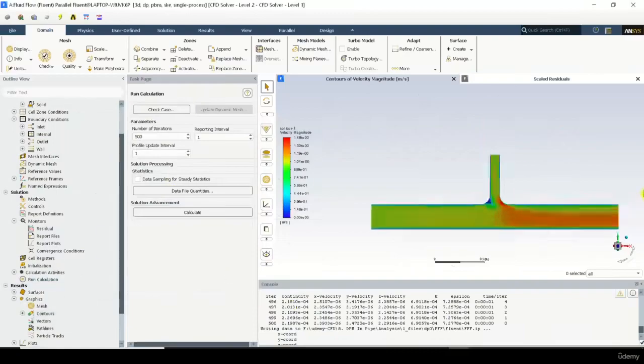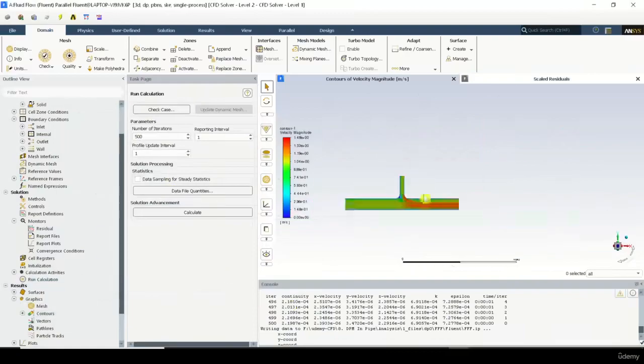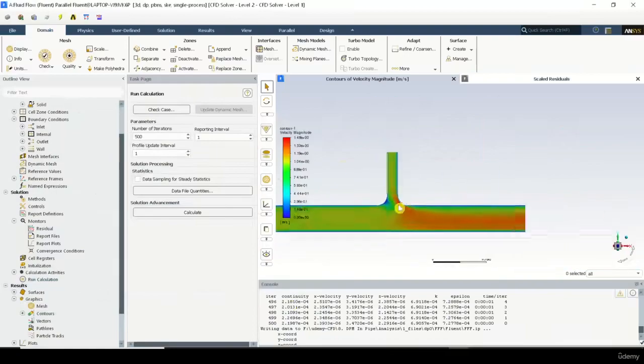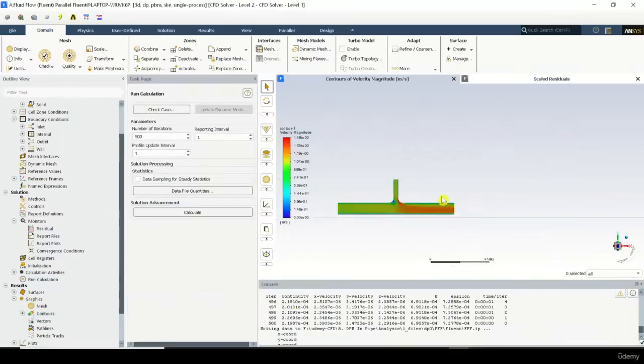I accept that fact, but since this is a conceptual study, we can just ignore that as of now and understand what's happening over here. And once we are sure of the concept, then we can redo the simulation by maintaining the appropriate y plus values in all standards.